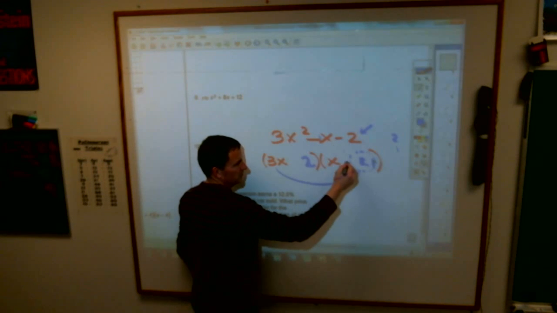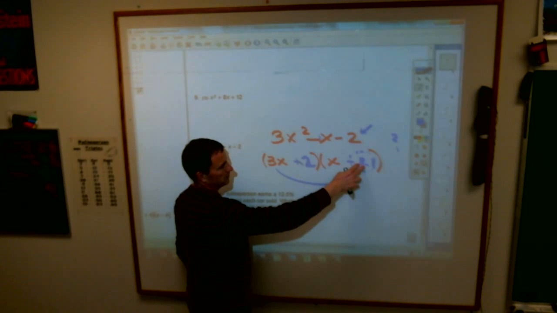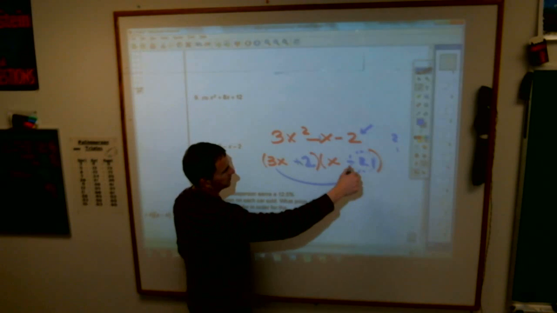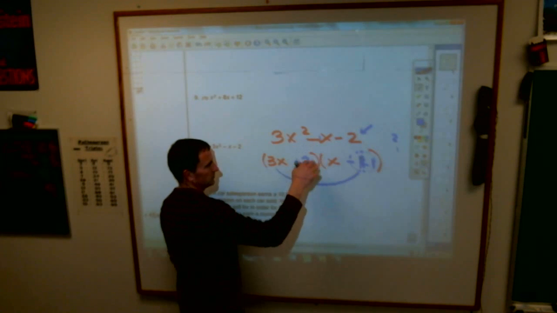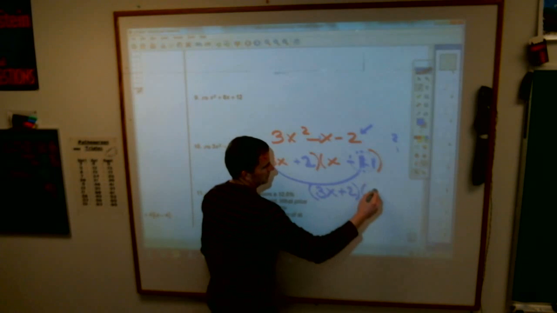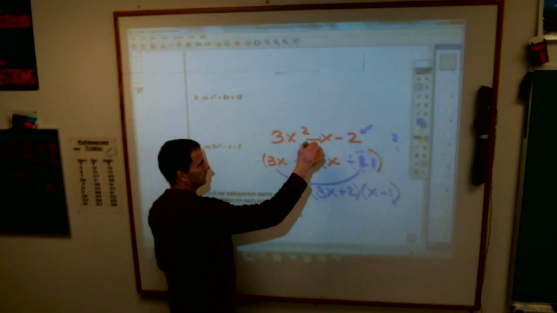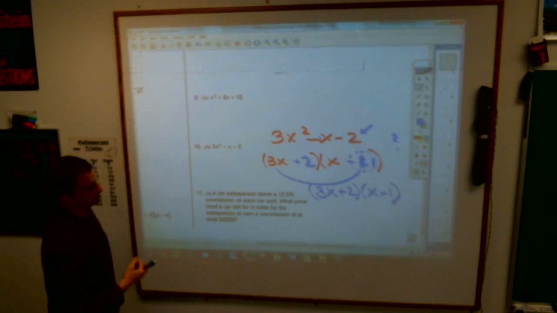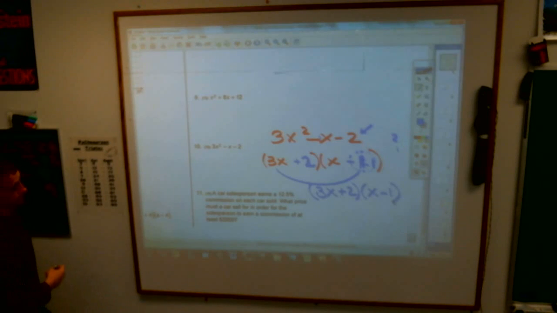And this one has to be negative because you want the bigger negative. You need the 1 times the 3 to be the bigger of the 2. So it ends up being 3x plus 2, x minus 1. And that will get you that negative 1x middle term.